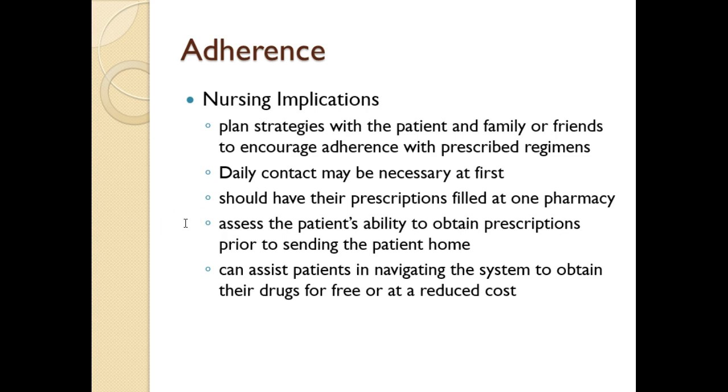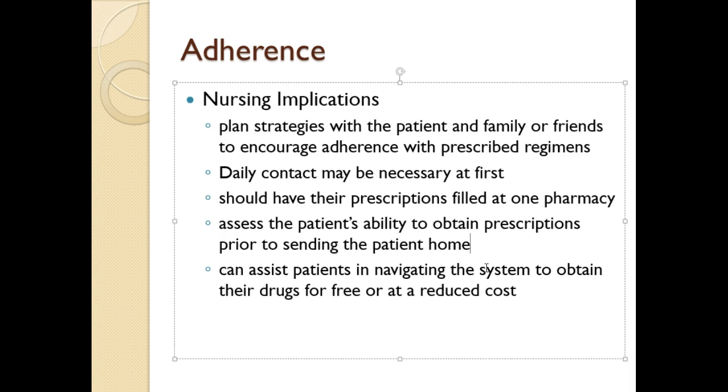Make sure that their prescriptions are being filled at one pharmacy, and then we need to assess the patient's ability to obtain prescriptions before we send them home, because maybe they don't have transportation, or maybe they don't know how to obtain their prescriptions.